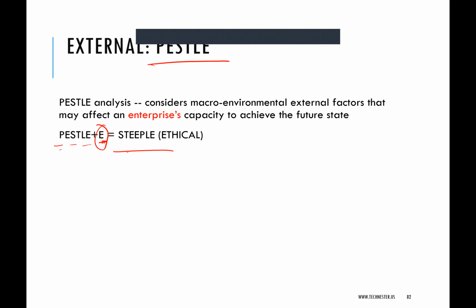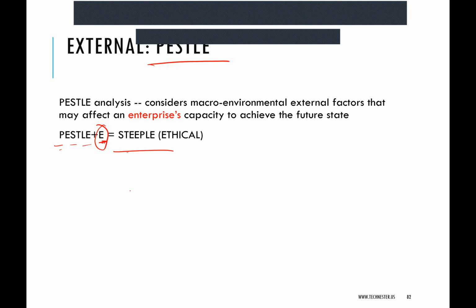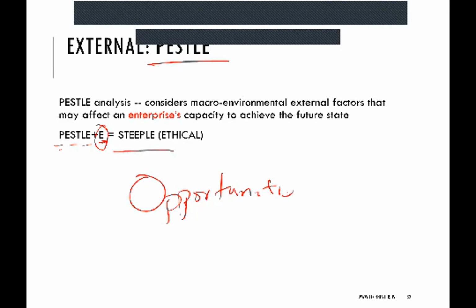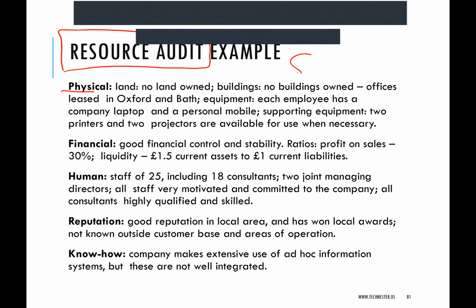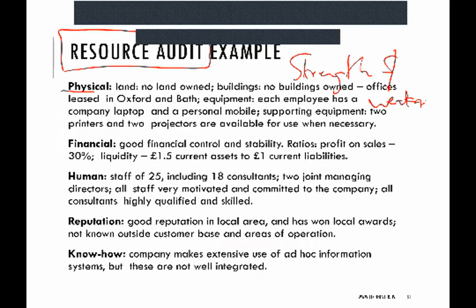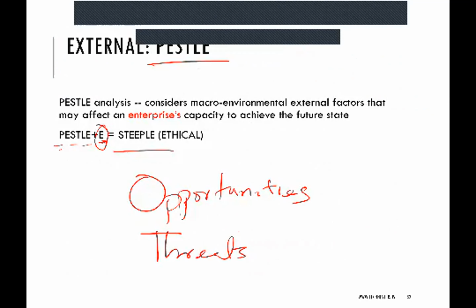So what PESTLE will give you is your opportunities and threats. Now, the internal one helps you identify strengths and weaknesses. So resource audit will do that for you, strengths and weaknesses. External environment techniques like PESTLE will help you identify opportunities and threats.